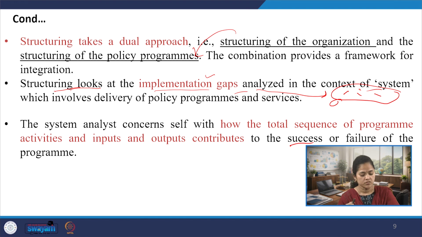Taking the perspective of a system analyst, if he can analyze the total sequence of policy activities along with inputs and outputs, then we can find whether the policy or program is a success or failure. The best part is that through system analysis we can find the progress of policy implementation, identify the gaps, and fix them accordingly.